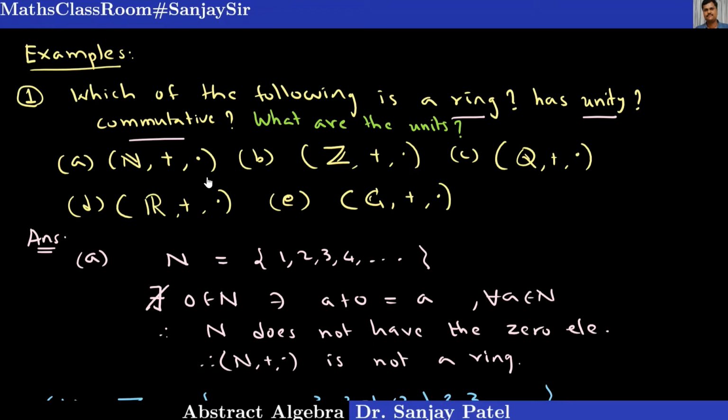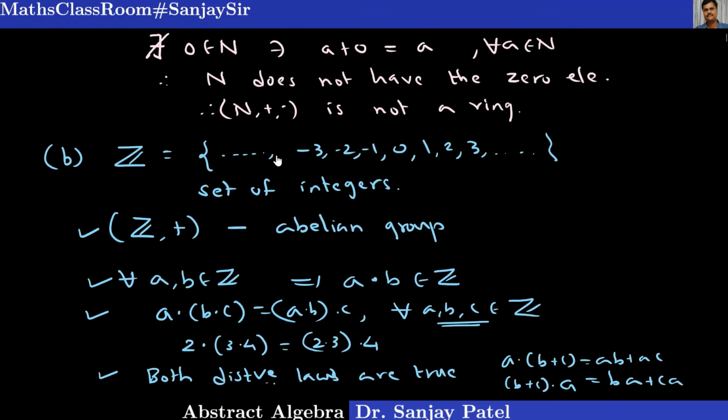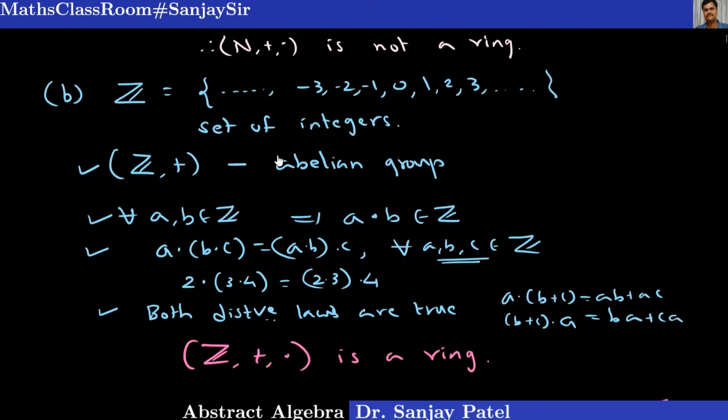N is not a ring, so nothing to check for that. For checking units, the ring must have a unity element, meaning multiplicative identity, that is 1, must exist in the ring. Only then you can discuss the concept of unit, or you can say invertible elements.